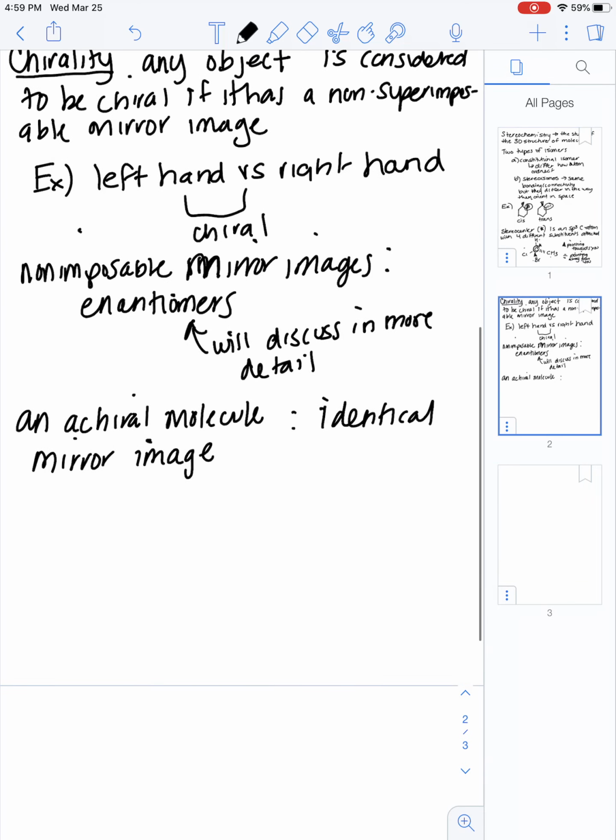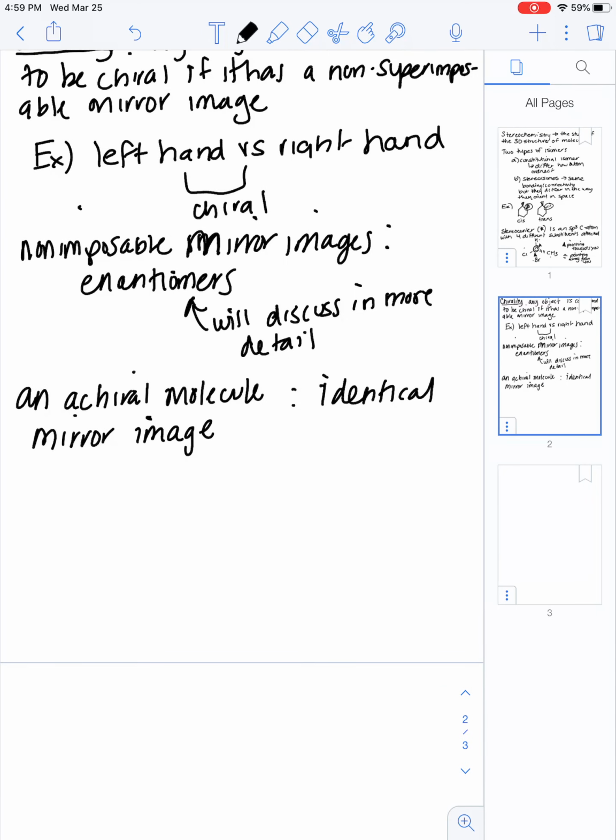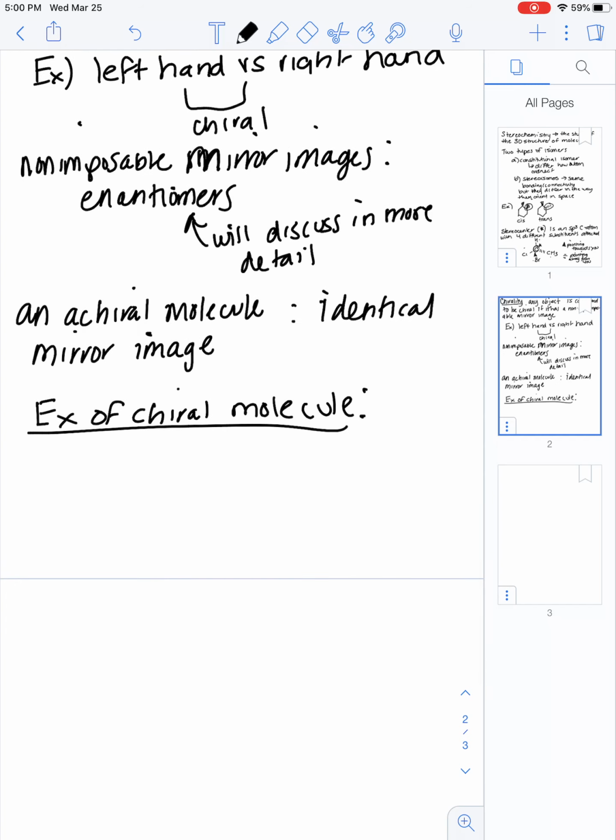Let's look at some examples of both chiral molecules and achiral molecules. First, an example of a chiral molecule. Chiral molecule means that we have a non-superimposable mirror image. If we draw our molecule like this, we look at this carbon. This carbon has a stereocenter because we have 4 different types of substituents attached to it. If we look at its mirror image, imagine a mirror plane.